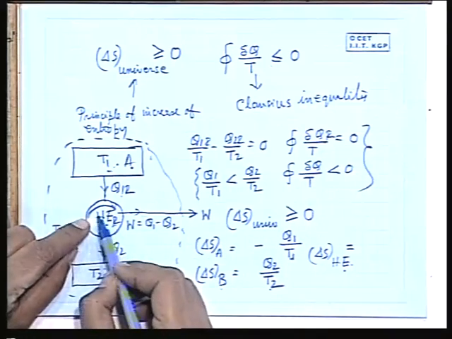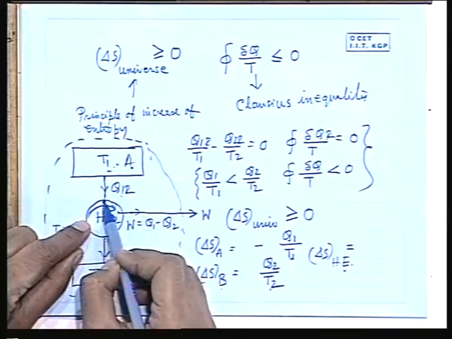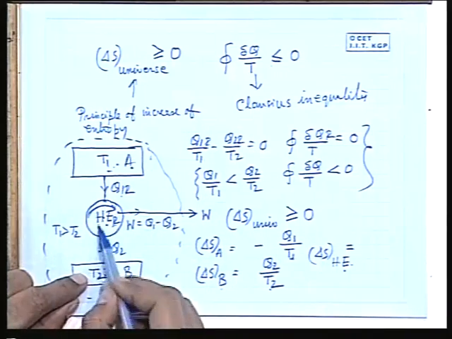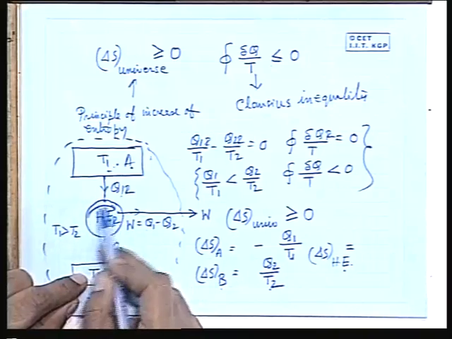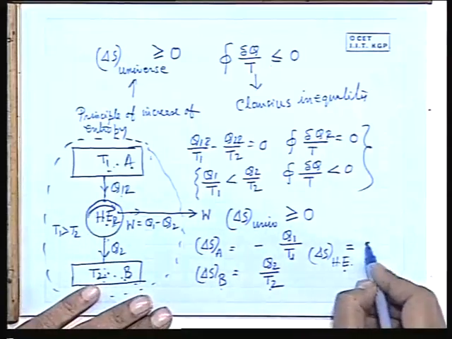And the heat engine fluid takes heat from reservoir A, gives heat to reservoir B, but it operates in a cyclic process. There are other processes also. That means in a total cyclic process, the entropy change of the heat engine is 0. So therefore this is 0.